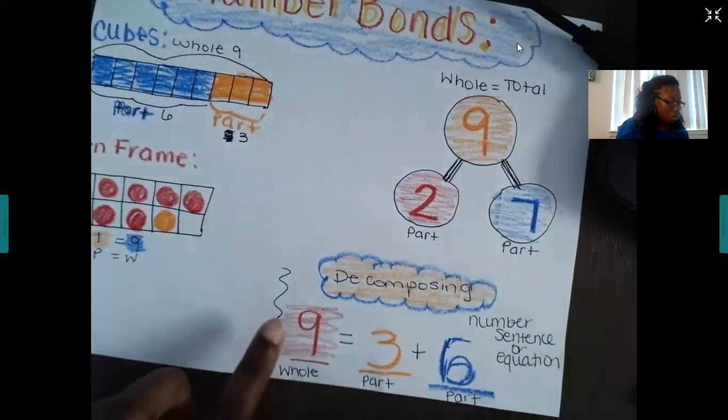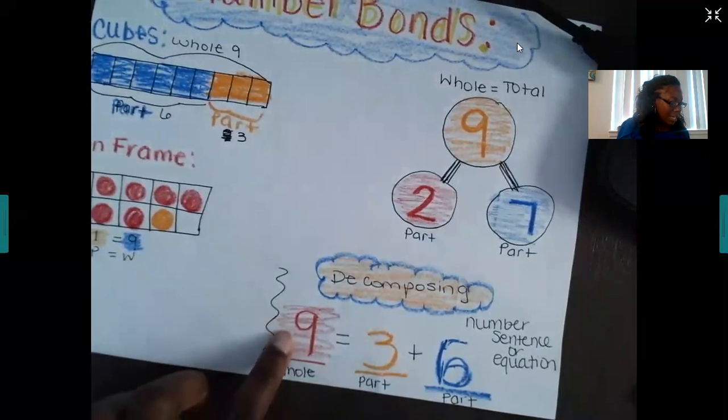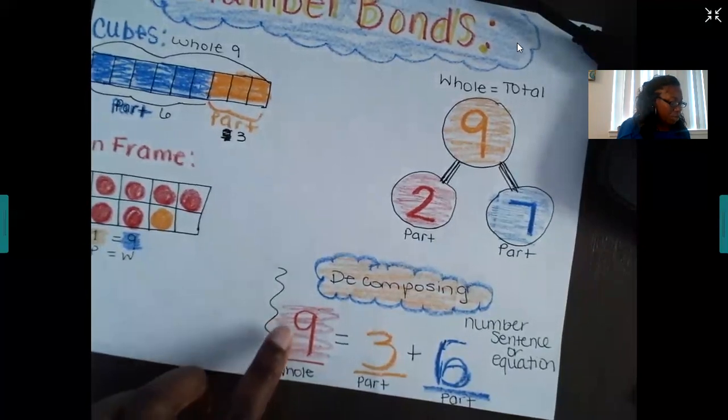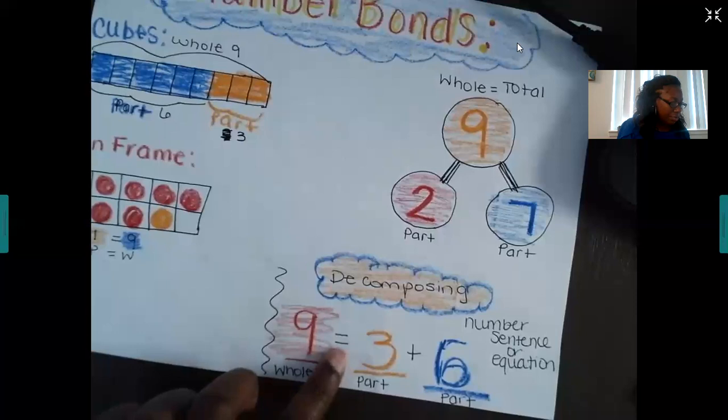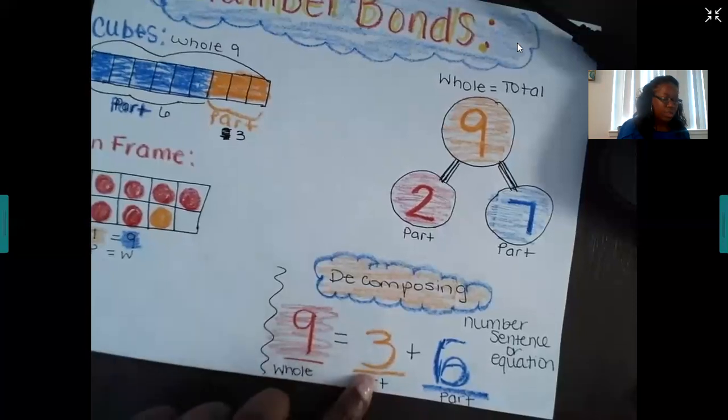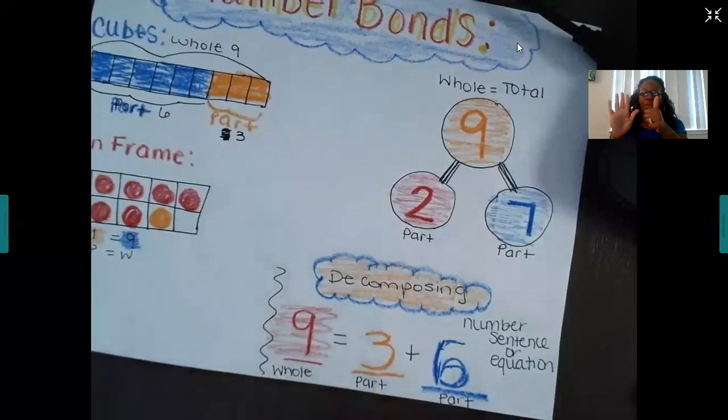Now Ms. Bowen wants to go down here and write a number sentence for our number bonds. 9 again is our whole. So 9 equals 3, which is one part, plus 6, 1, 2, 3, 4, 5, 6, which is another part, and together that makes our whole again of 9.